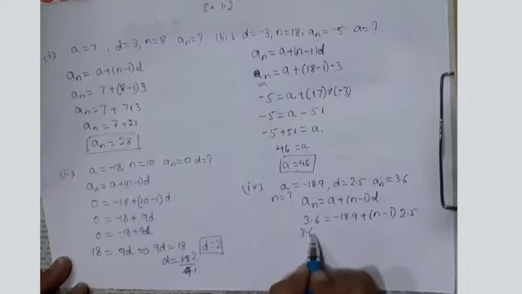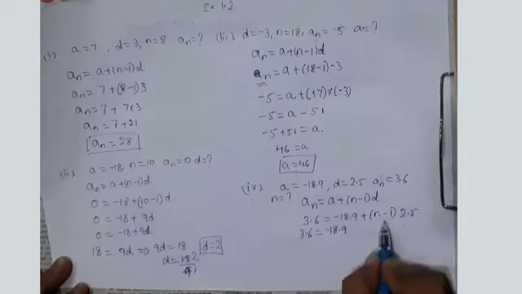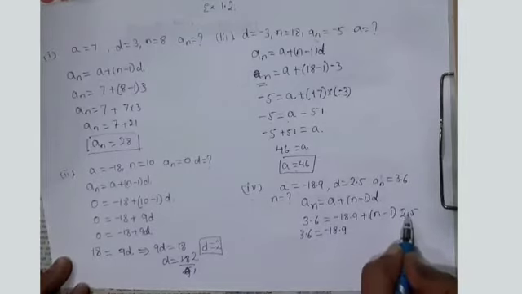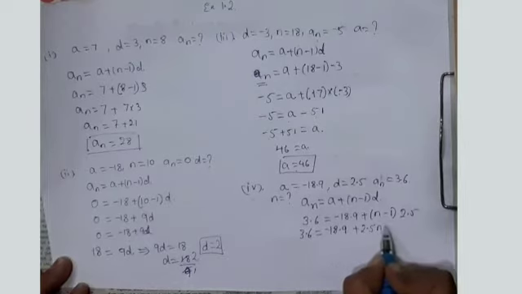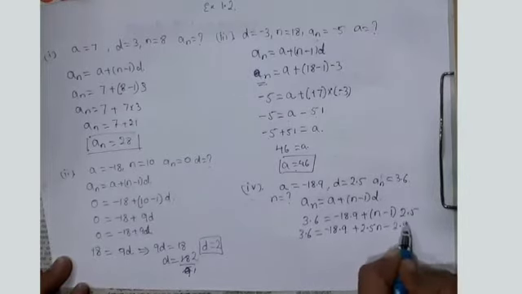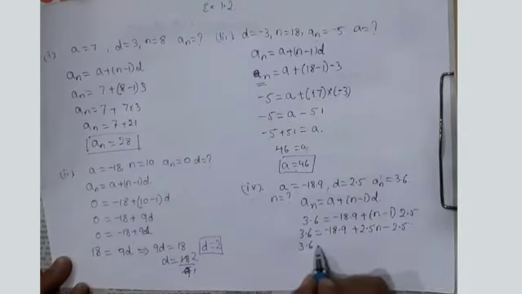So 3.6 is equal to minus 18.9, and apply your distributive property. 2.5 into N will be 2.5N, and minus 1 into plus 2.5 will be minus 2.5. So 3.6, let us take all the constants on one side.